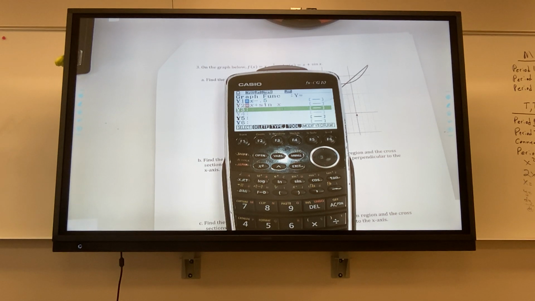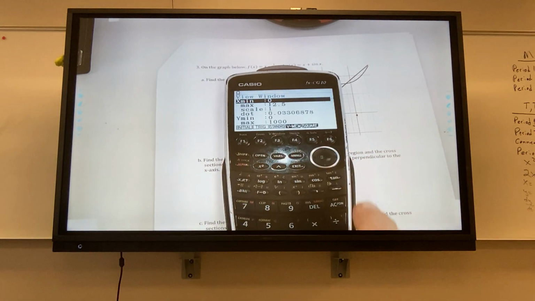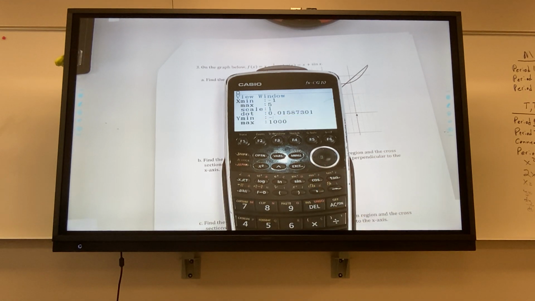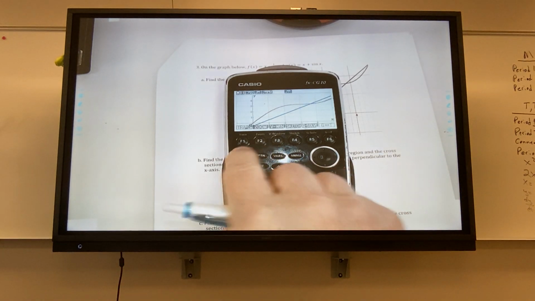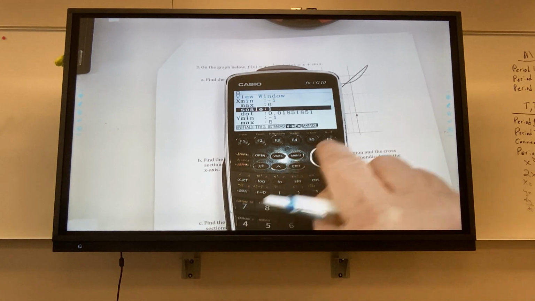And if I look at my window, it looks like it goes from -1 to 5 maybe, and from -1 to 5 maybe. And oops, I'm going to need more than 5. So let's go 6 and see how that looks.